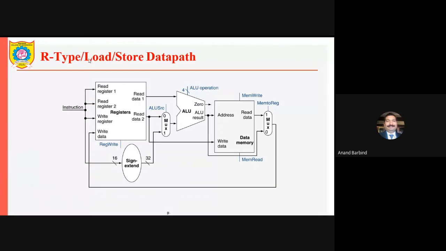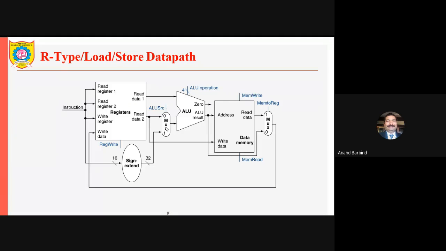So this is called the load type of instruction, whereas in case of the store type of instruction, again the address of the data memory is calculated by the ALU with this particular register. One of the registers contains the base address, and the offset from the instruction is added, converted from 16-bit to 32-bit.